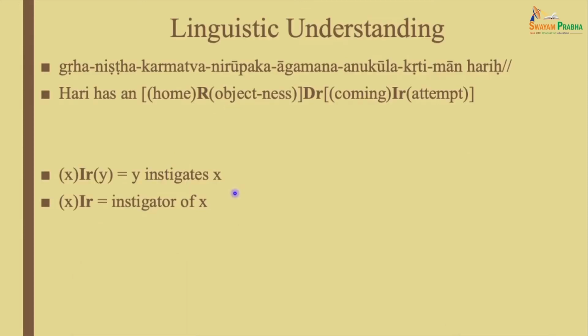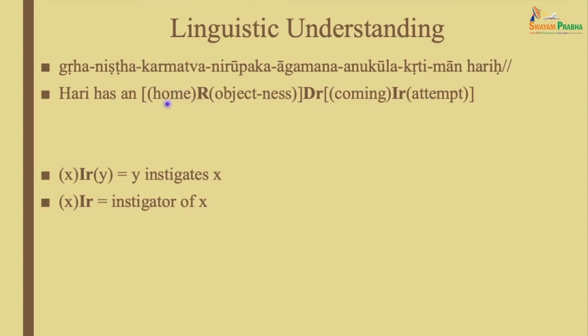Now this is the theoretical part. What is the Sanskrit construction for this? Gruhanishtha karmatva nirupaka agamana anukula krutiman harihi. So if you translate it into our notation system, you find Hari has an attempt basically, which is the instigator of coming, and which determines an objectness, which is there in home, right?